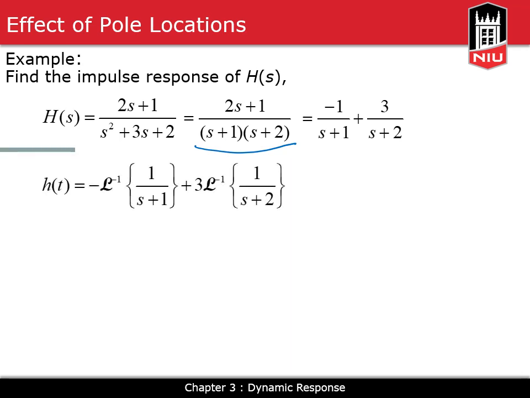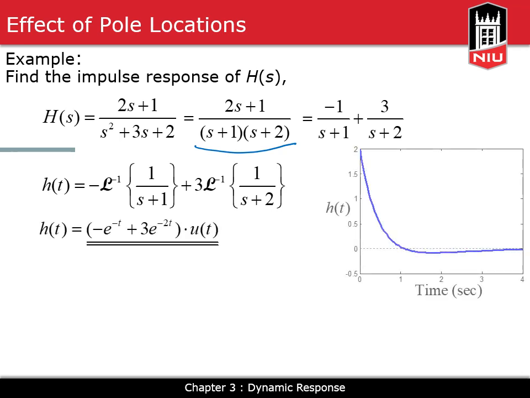Taking the inverse Laplace transform, I come up with -e to the negative t plus 3 times e to the negative 2t. Just look at the individual Laplace transforms in the table of Laplace transforms and find the inverse of each of those terms.